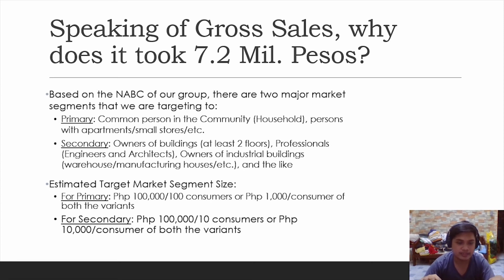That would be an estimate, but it is viable since the first variant would cost 1,000 pesos. So if a consumer buys our first variant, then we have our target segment size for the primary.